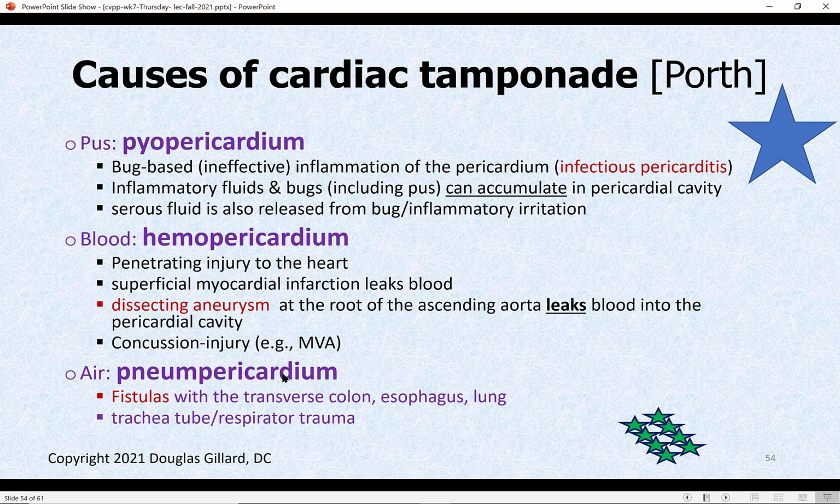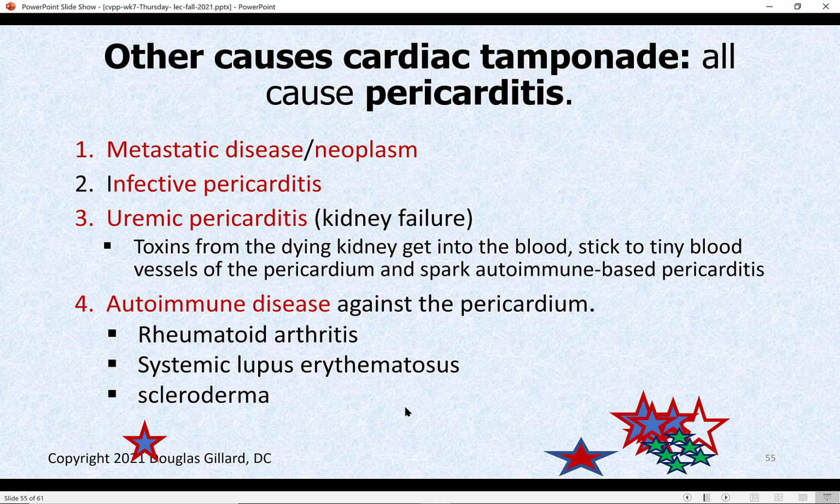Same if you get a fistula between the esophagus and the pericardial cavity, because you swallow air when you swallow food. Pneumopericardium. Same with the lung. Trachea, respirator: you get a trach tube stuck in, and it rips through the trachea and nicks the pericardium, and a fistula develops. You can get air in your pericardial cavity.